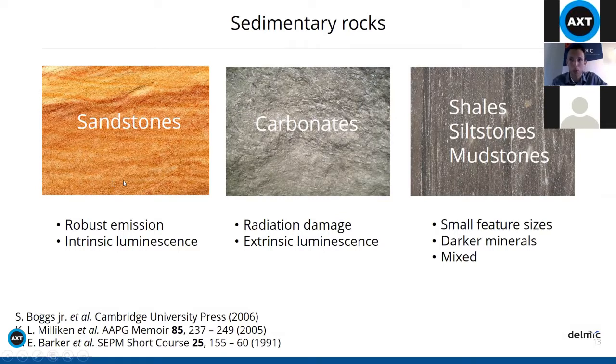So to briefly describe what happens in these different sedimentary rocks. In sandstones, you have a very robust cathodoluminescence emission, and you have a luminescence that mostly originates from intrinsic luminescence in the quartz and feldspars that are normally present inside of these rocks. And then in carbonates, you have a lot of extrinsic luminescence from dopants, typically.